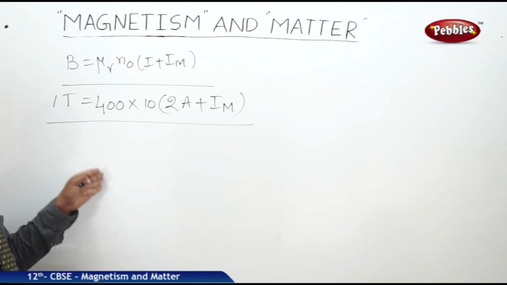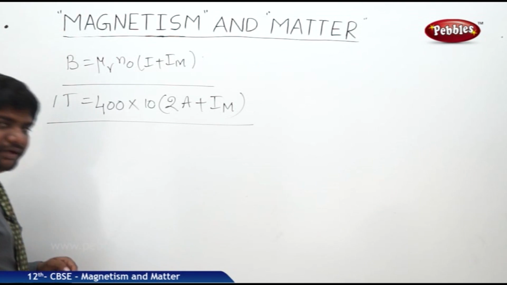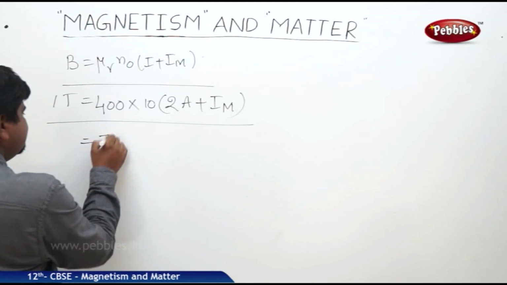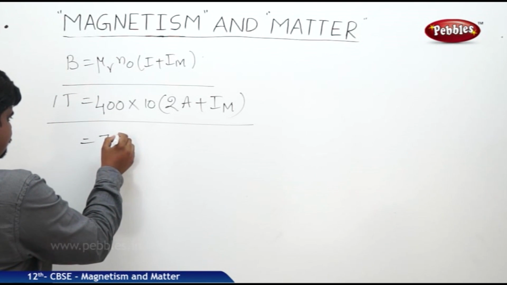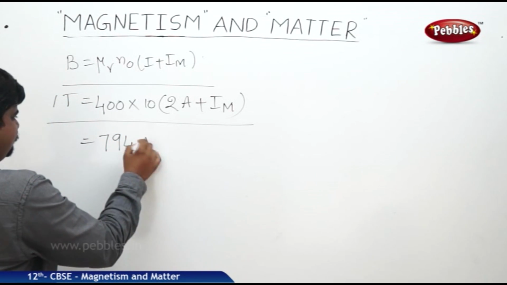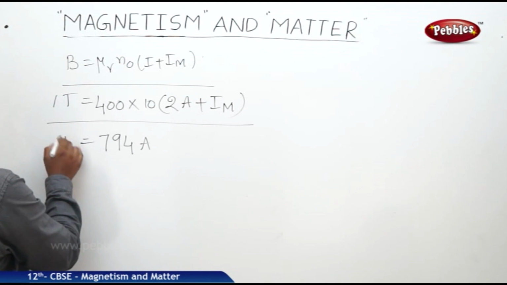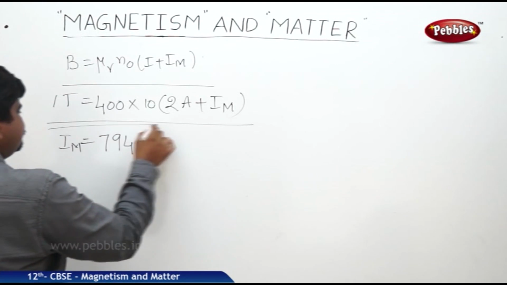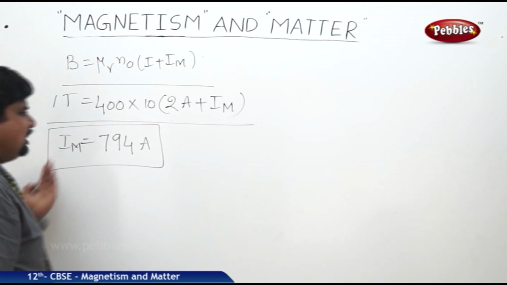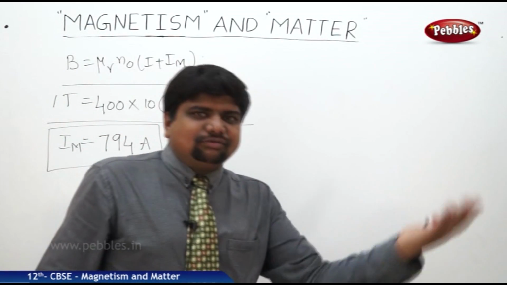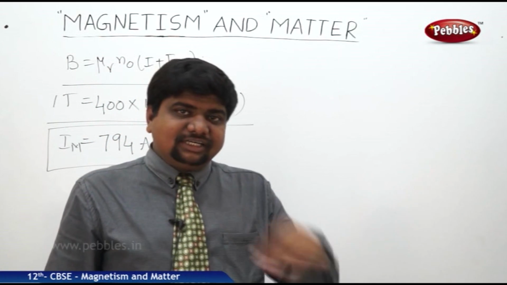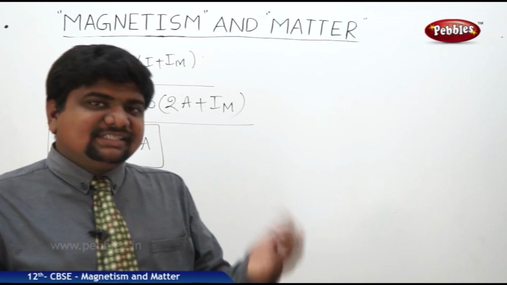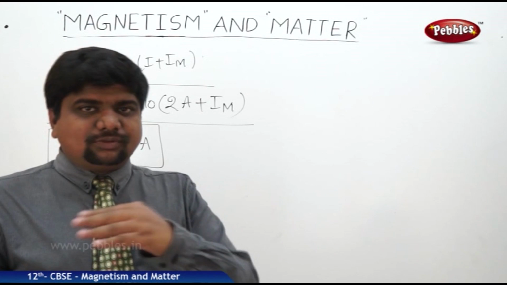So Im is equal to 1 by 4000 minus 2 amperes, so we will get 794 amperes. Almost 800 minus 2, like that we get 794 amperes. This much is the magnetizing current which passes through the solenoid.